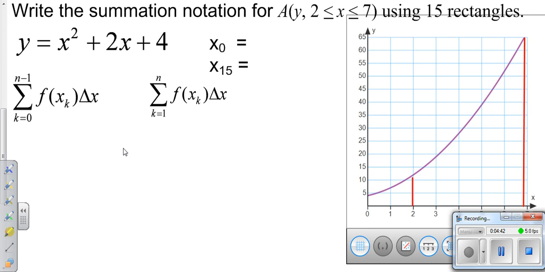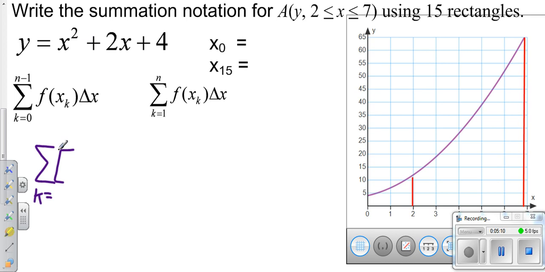So let's go ahead and do the same type of process on this problem. We're looking at our area from 2 over to 7, and we're doing 15 rectangles. So we're going to do our sigma, and we have to put in our function.